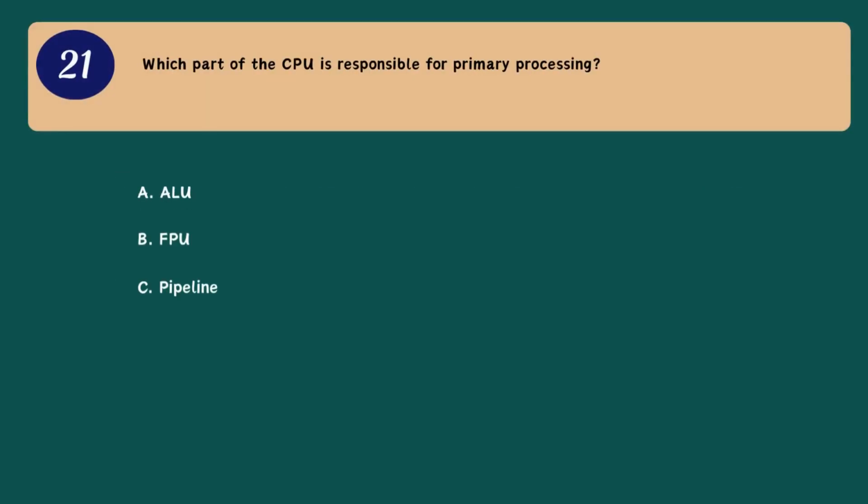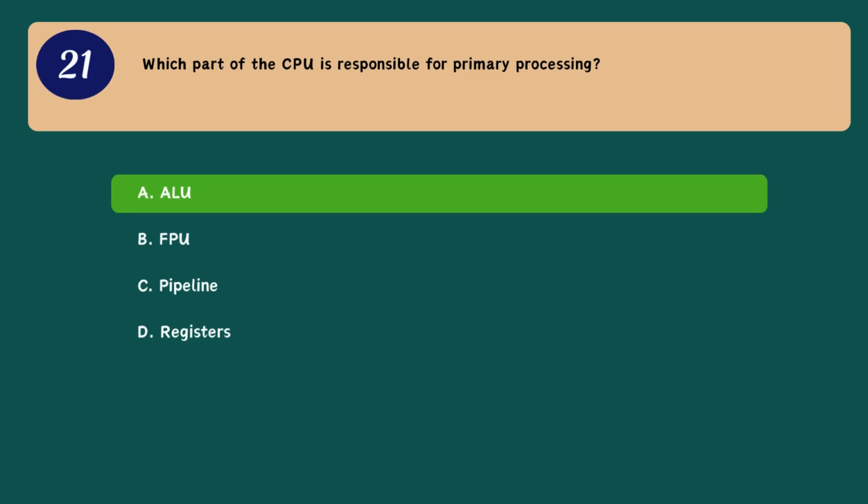Question 21. Which part of the CPU is responsible for primary processing? A. ALU, B. FPU, C. Pipeline, D. Registers. Correct answer. A. ALU.